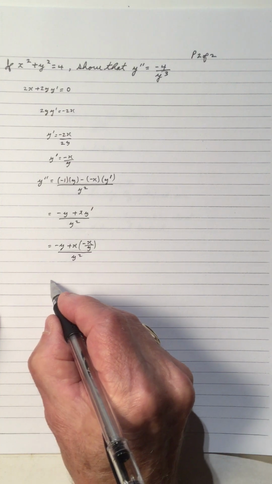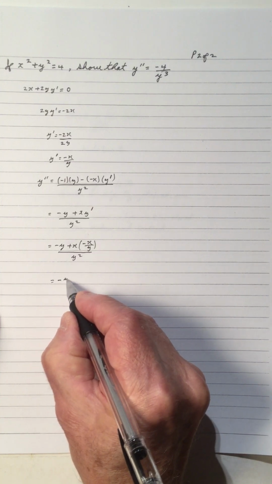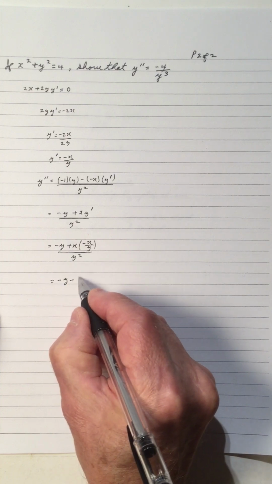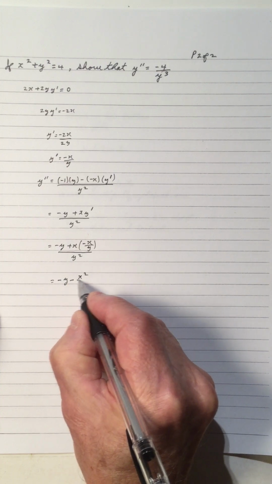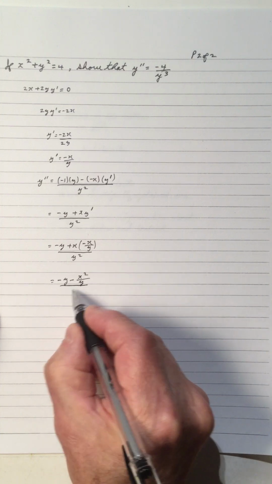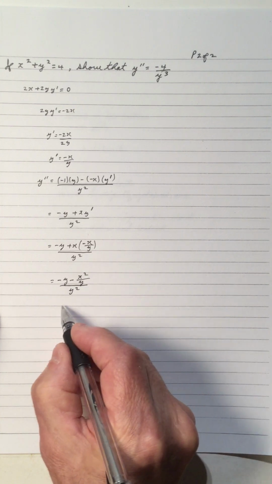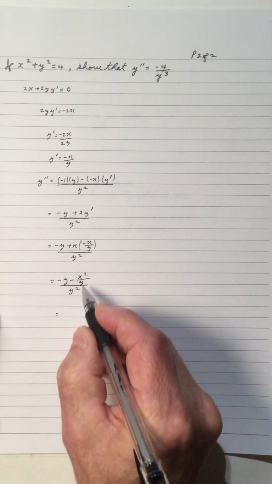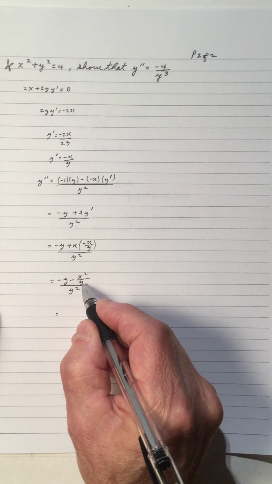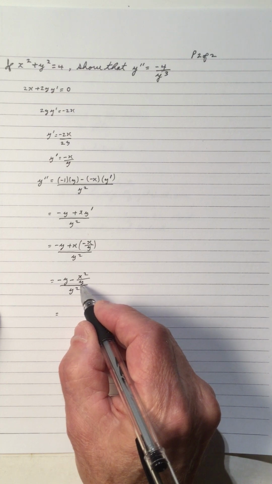Now we have to simplify. We get negative y, and positive times negative is negative, x squared over y, all over y squared. To simplify this, I need to get rid of the fraction here, so we need to multiply by y.